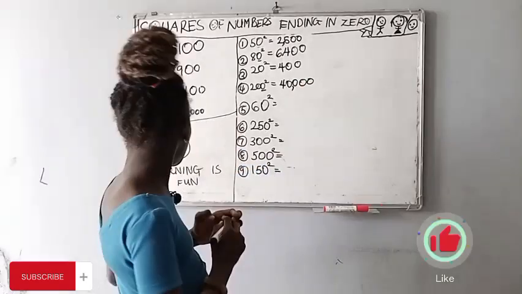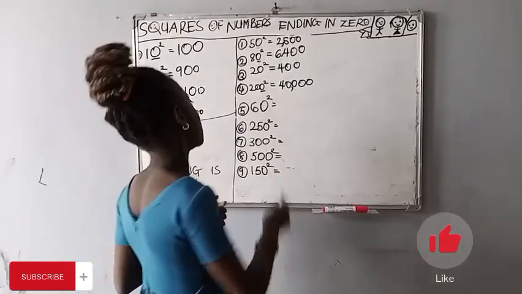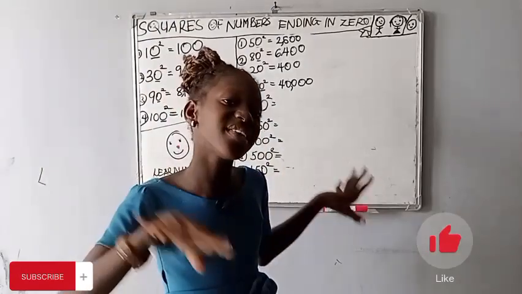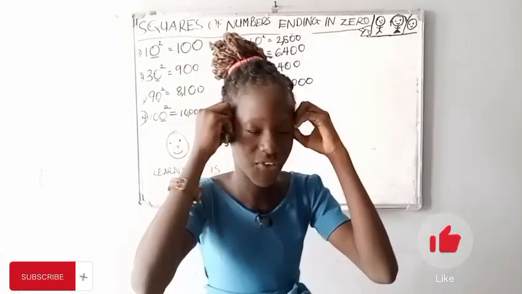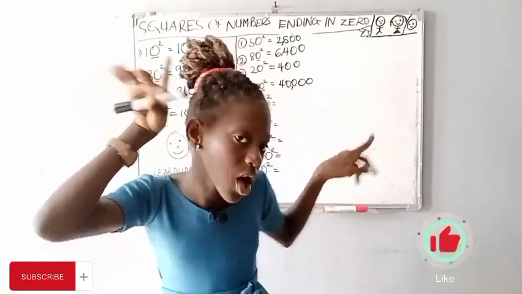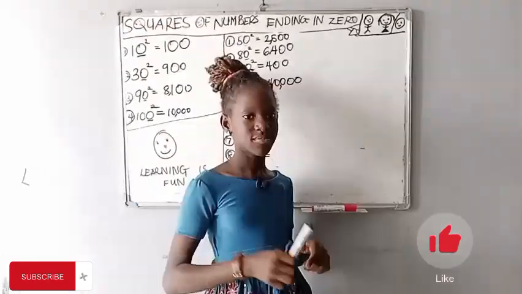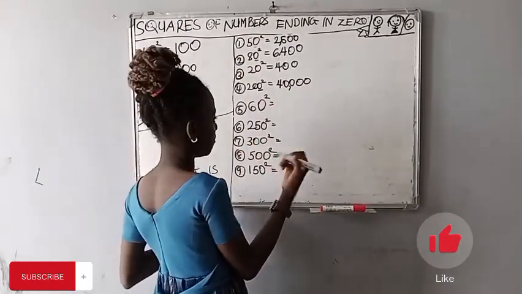So you can see 100 squared is 10,000, which definitely means that 200 squared will be 40,000. You see how easy this is? It's so easy. But if you don't refresh your mind on your squares of numbers, you're not going to understand it.